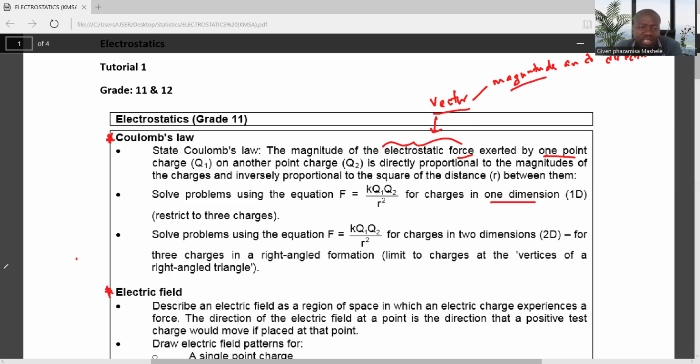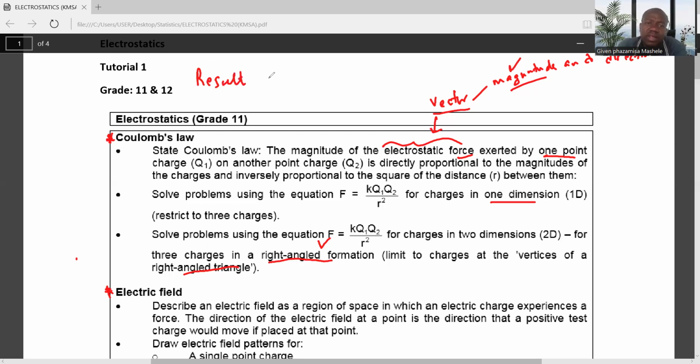Now here we're going to solve problems using the equation for charges in 2 dimensions for 3 charges in a right-angled formation, limited to charges at the vertices of a right-angled triangle. And since we are talking about vectors, we need to specify their magnitude and also the direction.